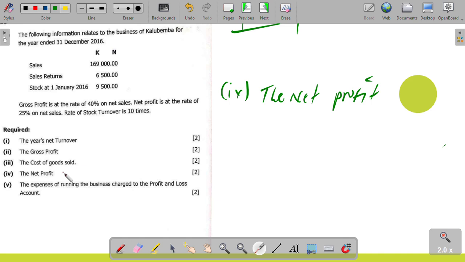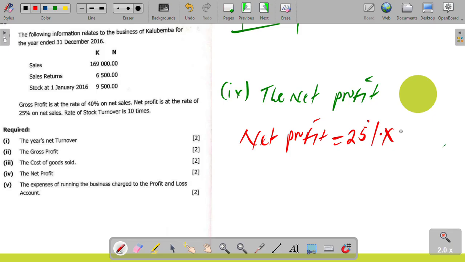So what's our net profit? How do we go about finding the net profit? Net profit is 25% of the net sales. So we write net profit is equal to 25% of how much?